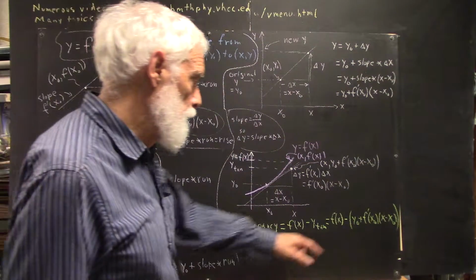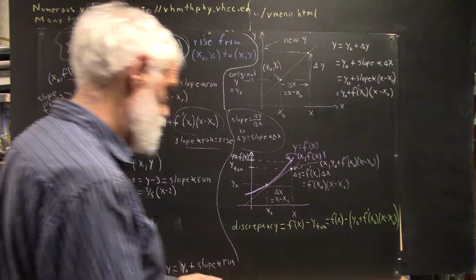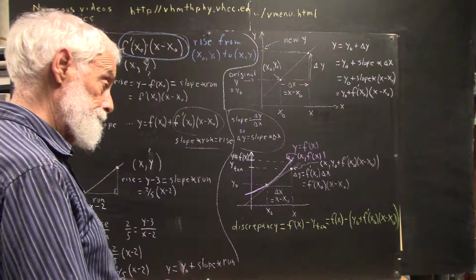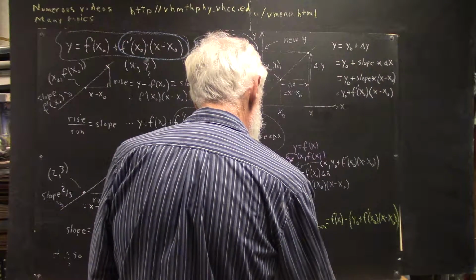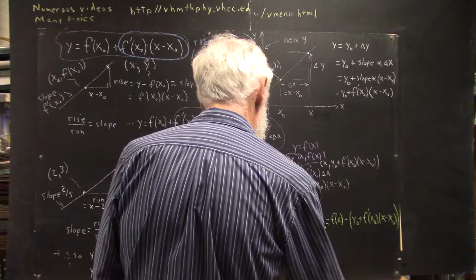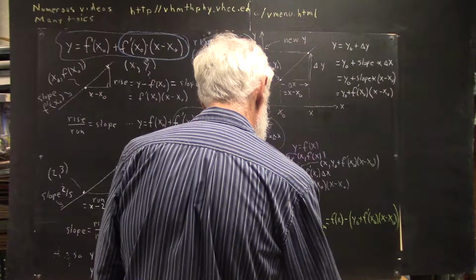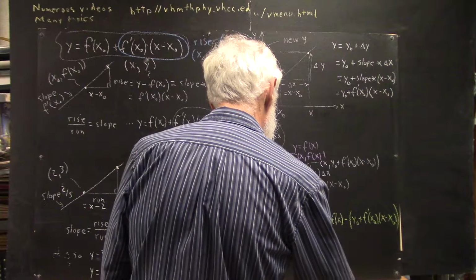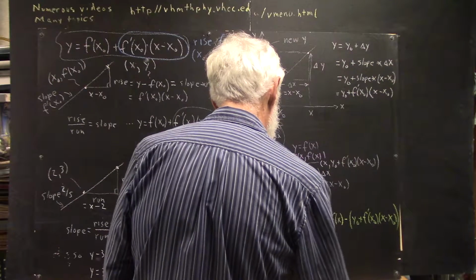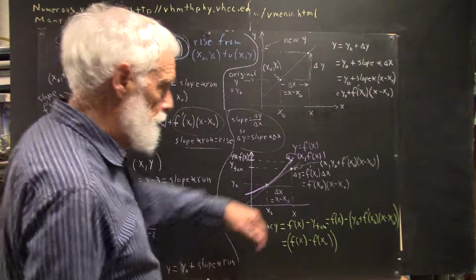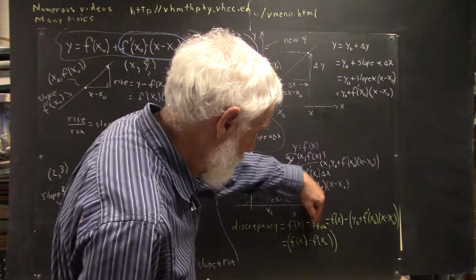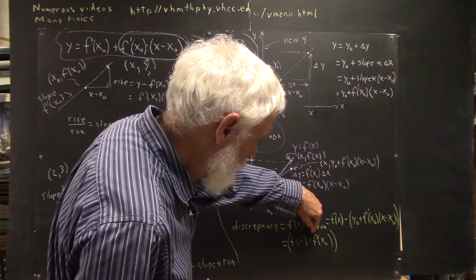Now, y naught, of course, is just f of x naught. So that equals, and I'm going to do a couple of steps of algebra at once here. Okay, y naught is just f of x naught. So I got f of x minus f of x naught.